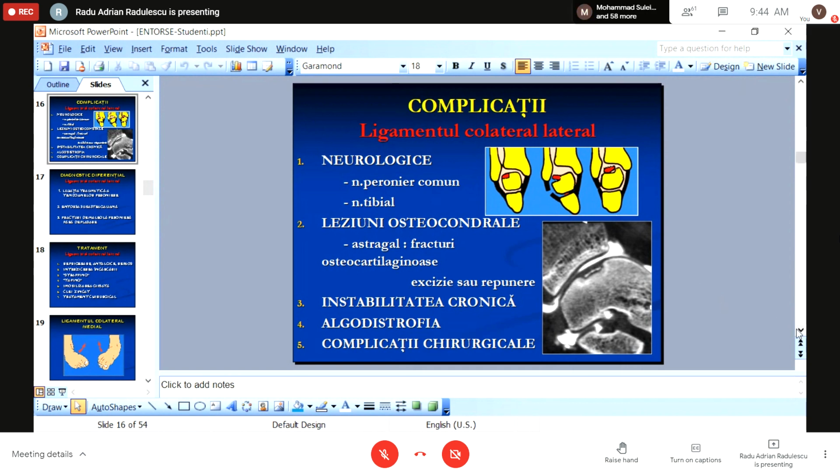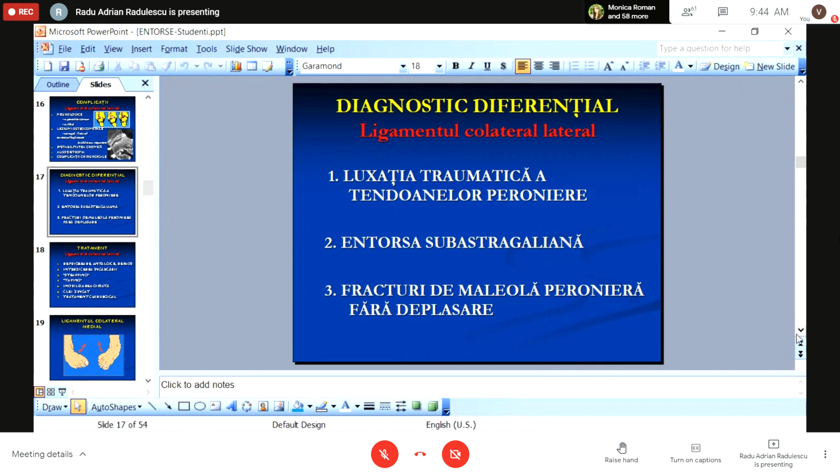So that chronic instability is what we have to treat in many situations after an acute sprain.